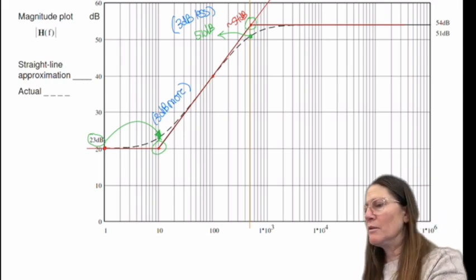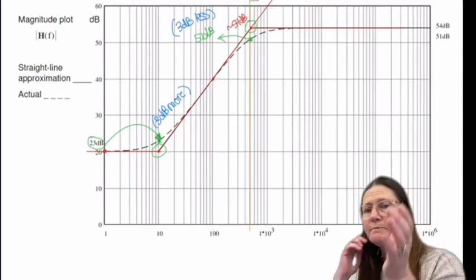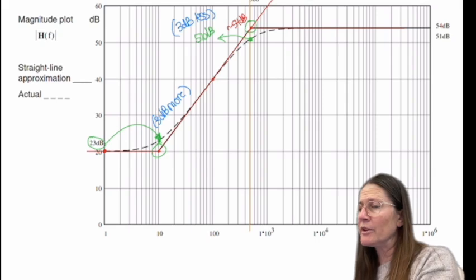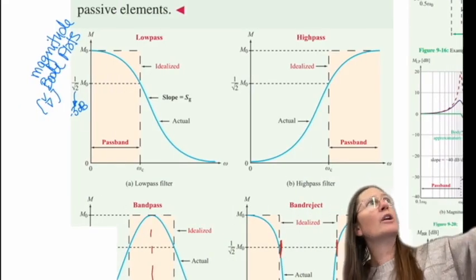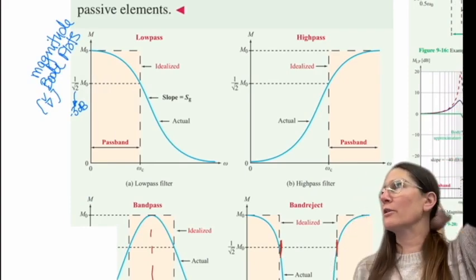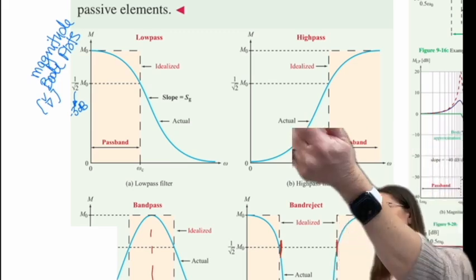So this is what it looks like on a dB scale. And then on a linear graph, it's going to look like this one. So it actually looks more dramatic on a linear scale. So this is not in a log graph on the y-axis.